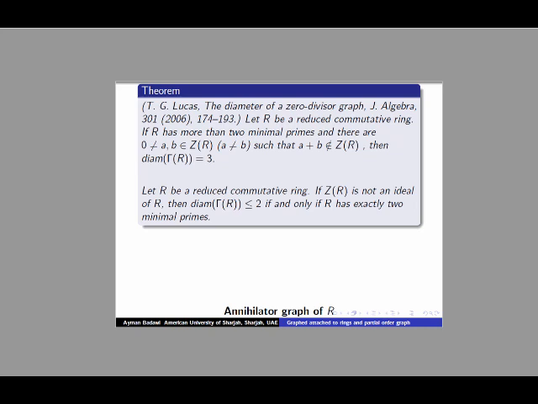It turns out that the diameter of the graph is either 1, 2, or 3, not much. So that means whenever you have a ring and you want to go from one vertex to another, the maximum number of edges you're going to cross is 3.